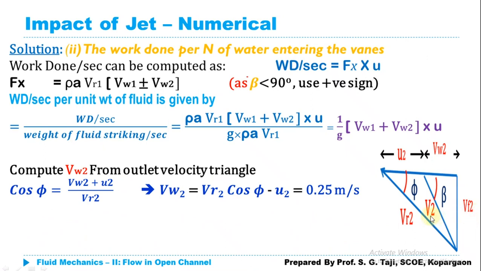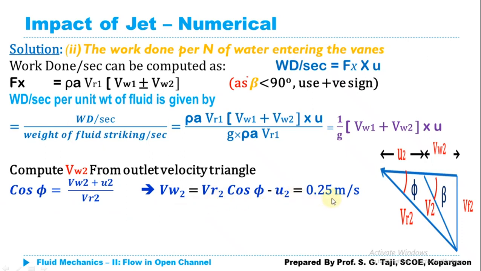So we can use cos of phi, which is given by adjacent upon hypotenuse. What is adjacent? u2 plus vw2. All the values are known in this equation, u2 and vr2. So I can simply compute vw2 is equal to vr2 cos of phi minus u. This is the simplest way to solve this numerical. Otherwise you can simply remember this formula as well, vw2 is equal to vr2 cos of phi minus u.